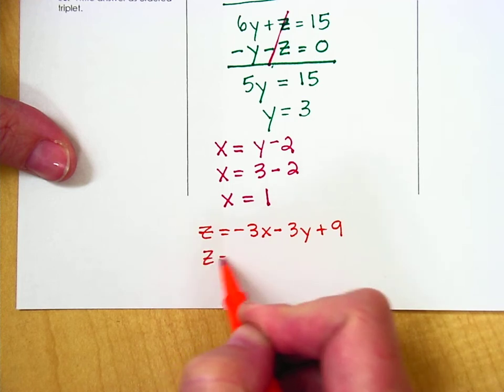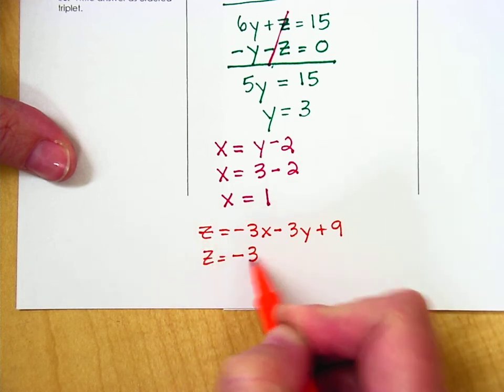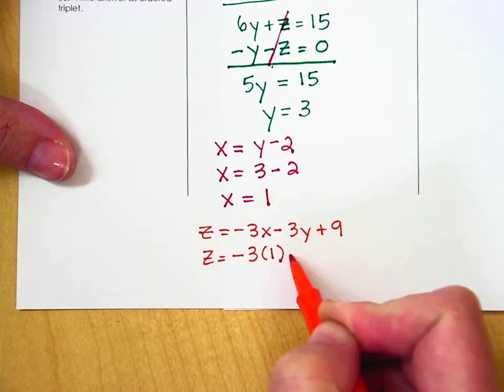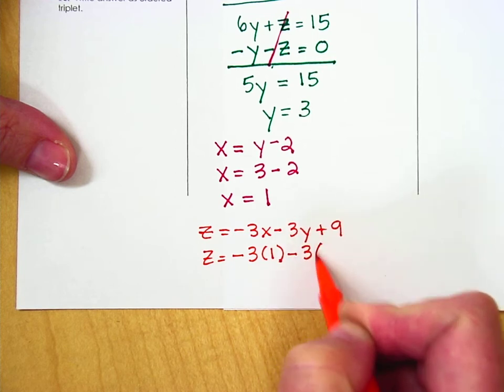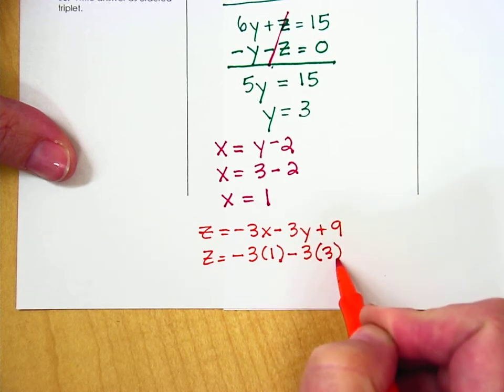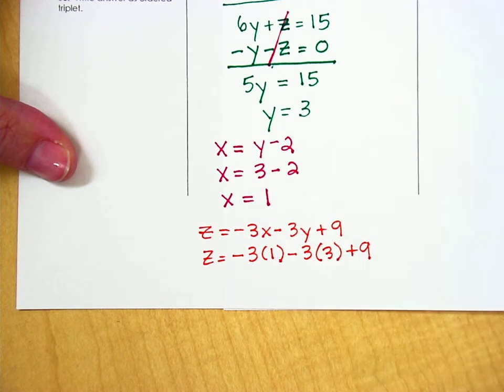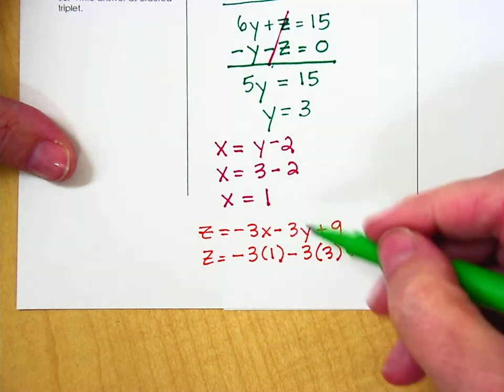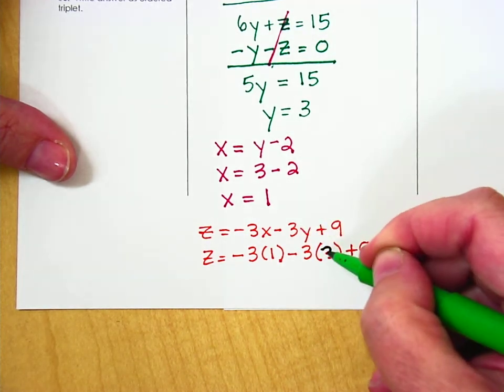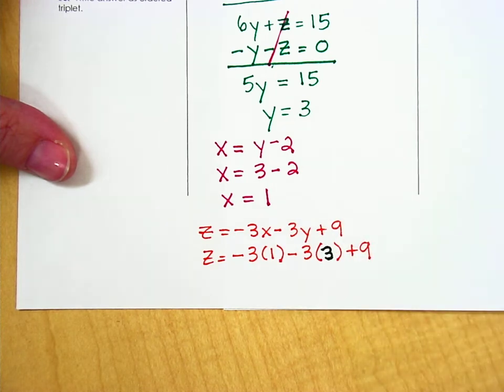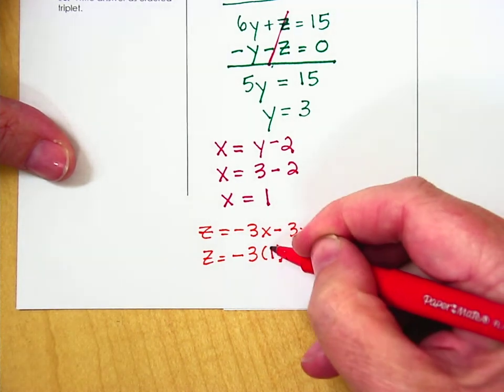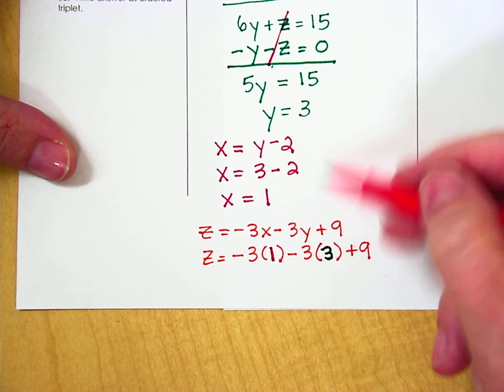So z equals negative 3 times 1 minus 3 times the 3 plus 9. If you can see the colors, the 3, that y, was originally green, and the 1 was originally red. That's where those are coming from.